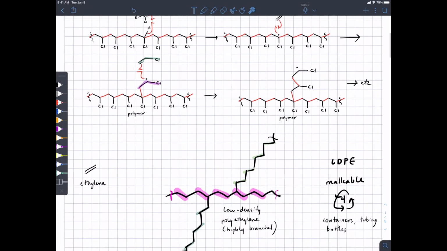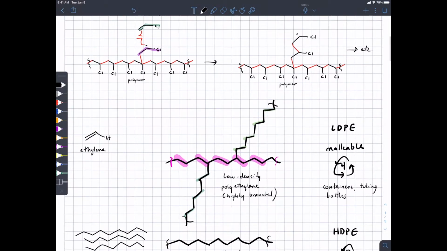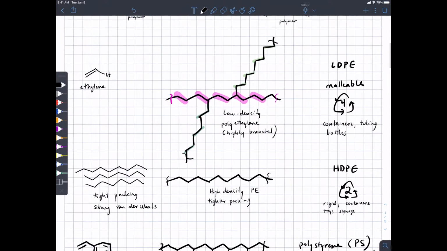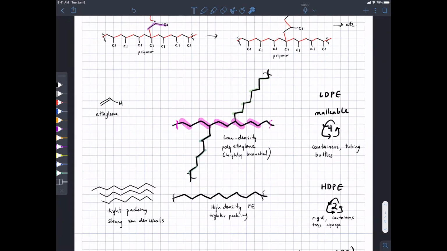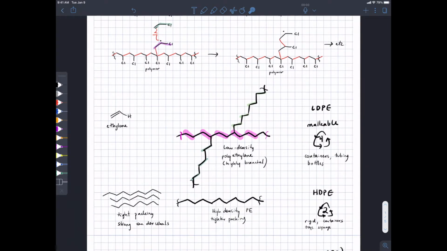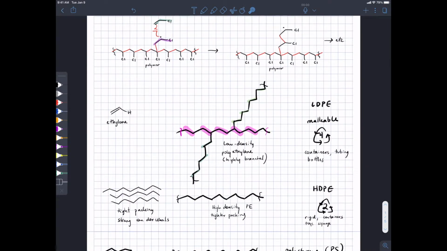But you can start with the olefin that doesn't even have anything other than hydrogen at this position, and you can create what's called polyethylene. Here are the individual ethylene subunits highlighted in pink. Here are branching points. The branching process happens for ethylene just like I showed it happening for polyvinyl chloride.